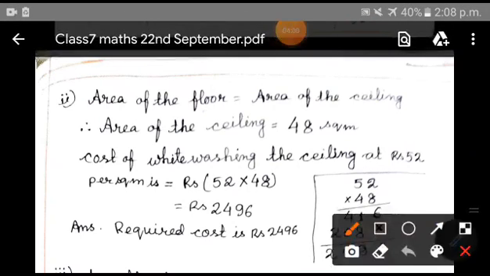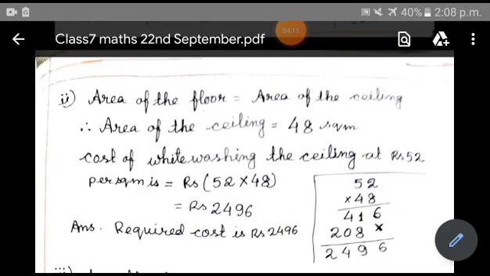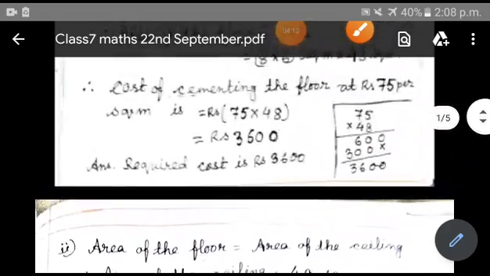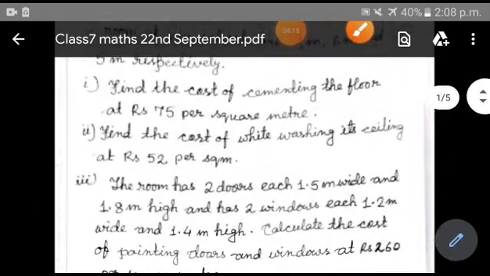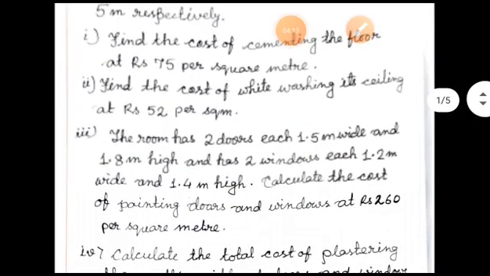So you are going to write that the required cost is rupees 2496. This is your answer, rupees 2496.